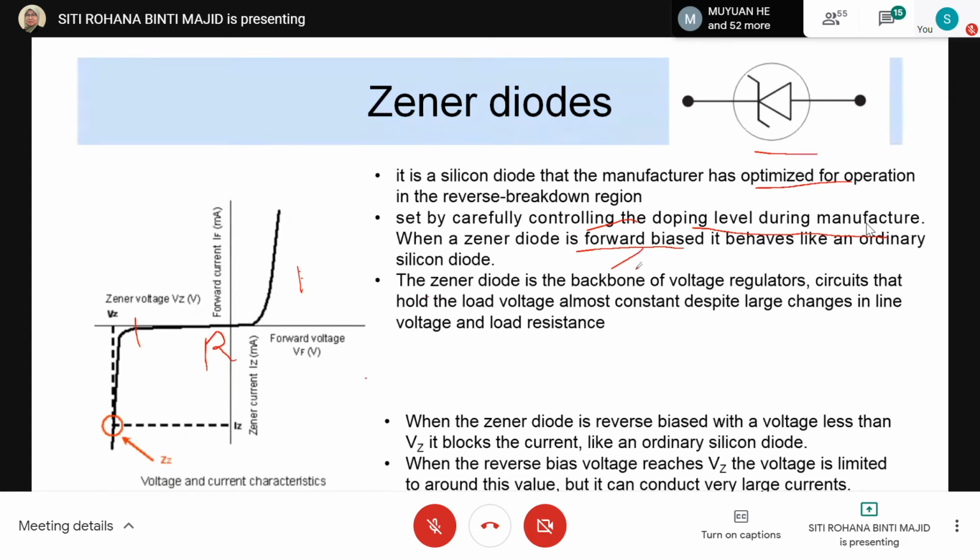Okay, and then we use a Zener diode in the voltage regulator. The Zener diode in this voltage regulator is responsible for holding the load voltage, to make sure the load voltage is constant, even though we change the voltage and the load resistance.